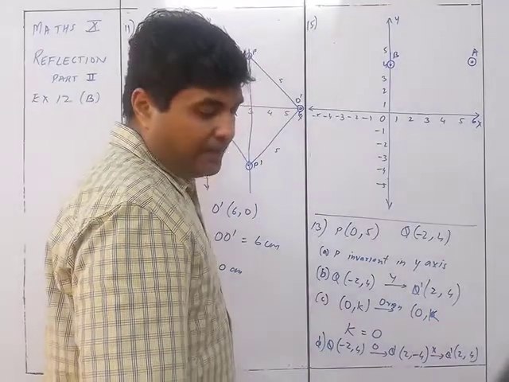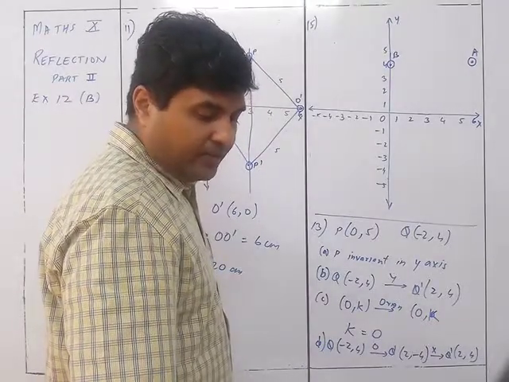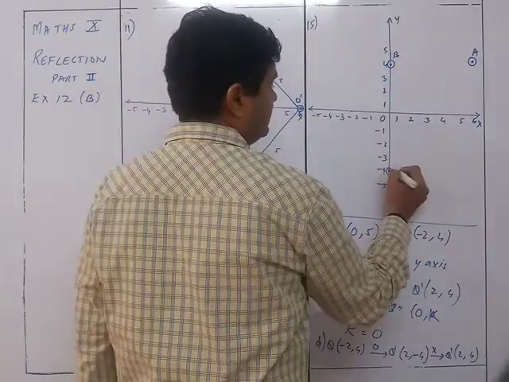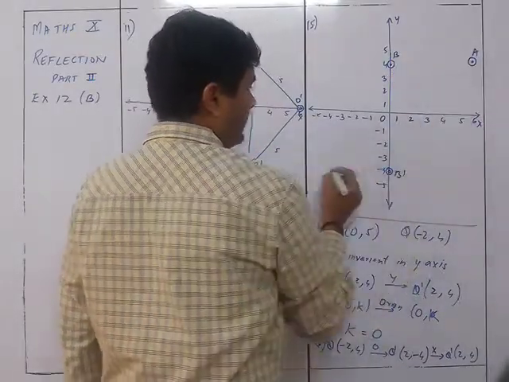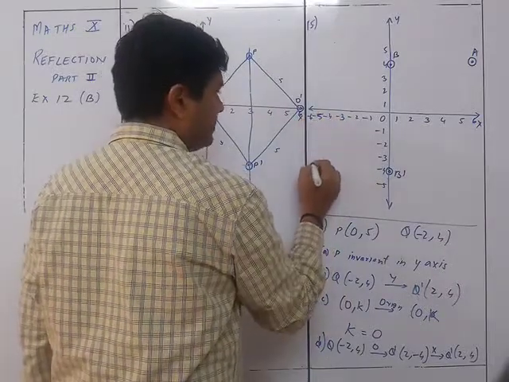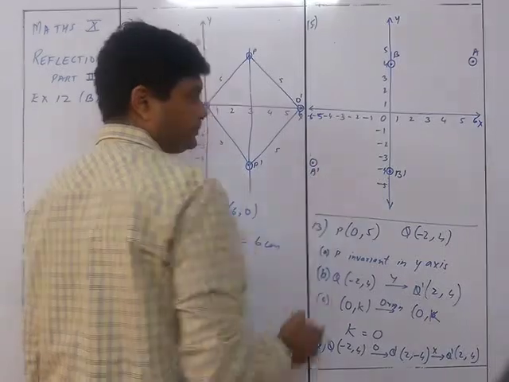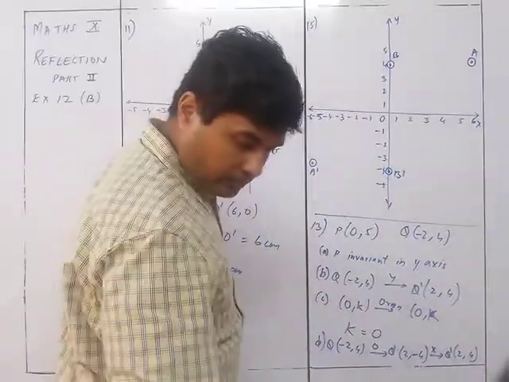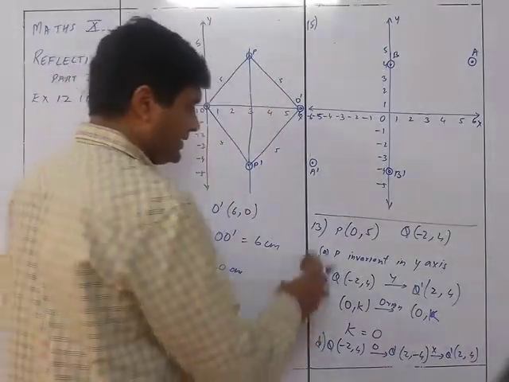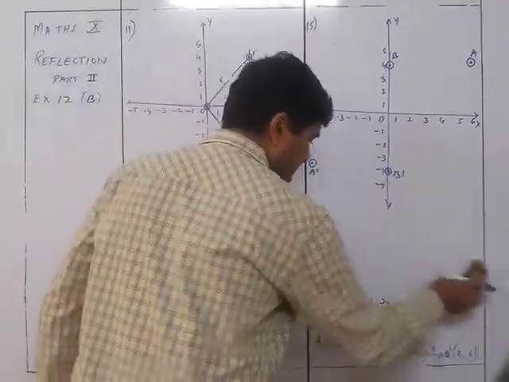Reflect A and B in the origin to get the images A dash and B dash. So in the origin, this will become B dash, and minus 6 comma minus 4 will be here, is A dash. Write the coordinates of A dash and B dash.